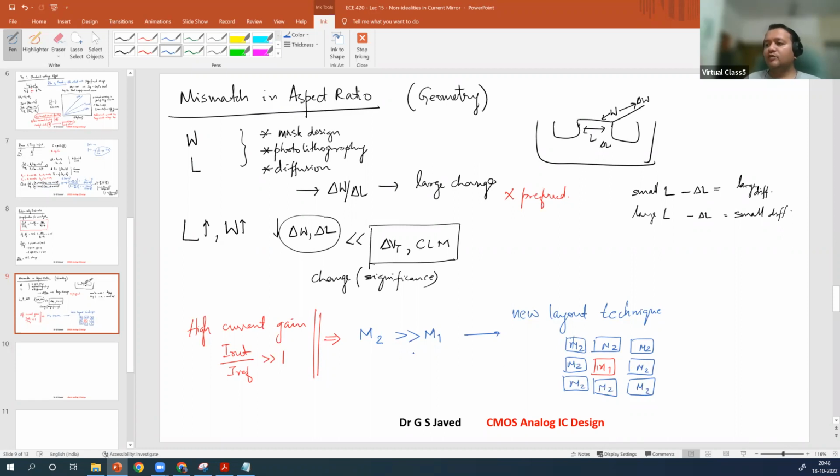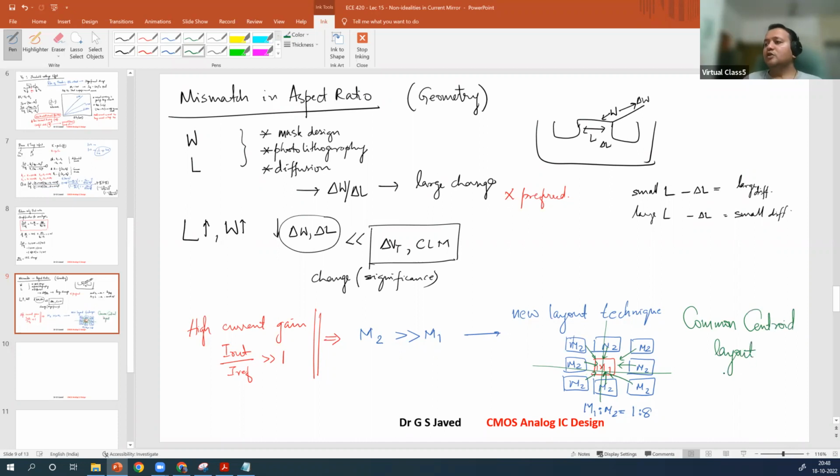So M1 is to M2, your ratio will be 1:8. And the advantage of this design technique is the proximity for each device is identical, right? And it is symmetric across 4 angles. So this is called a common centroid layout.